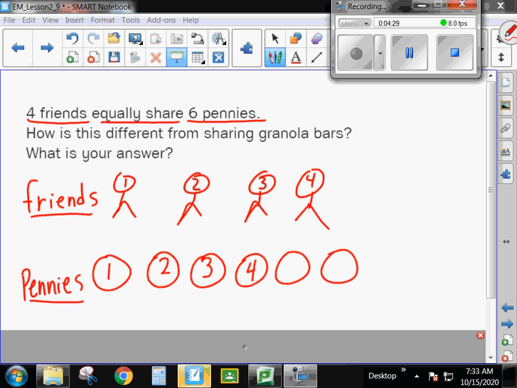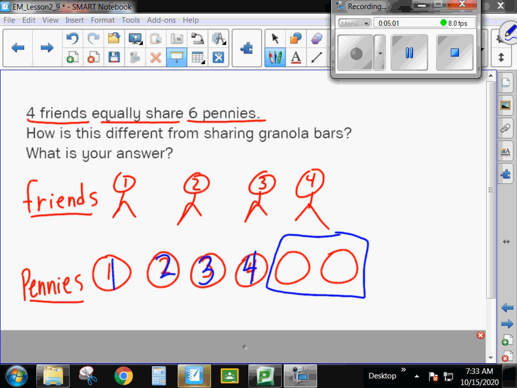So up top I have my 4 friends again, and I labeled them, then I put my pennies down below, and I can just assign those pennies. Friend 1 gets this penny, friend 2 gets this penny, friend 3 gets this penny, and friend 4 gets this penny. Now, how is this problem different from the granola bar problem? We had 6 granola bars, but what were we able to do with those 2 extra granola bars?